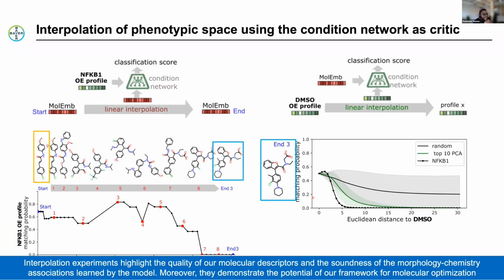I was wondering if these results are more telling about the smoothness of the spaces that you have pre-trained than anything else. Because I can easily see it's working great, but at the same time, let's say we have activity cliffs, like molecules that are very close but have very different activity.